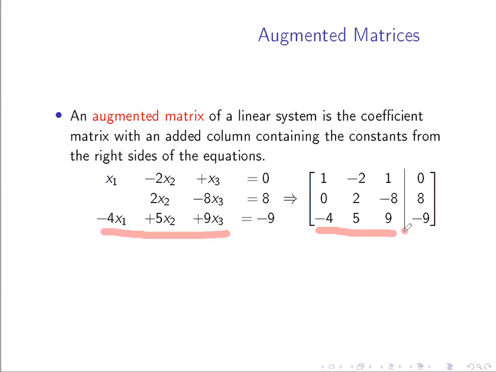And then we add a solid line. Some books use dotted lines, but almost always there is a line to differentiate between the coefficient portion and the constant portion. And then we have a column that corresponds to constants on the other side of the equal sign.